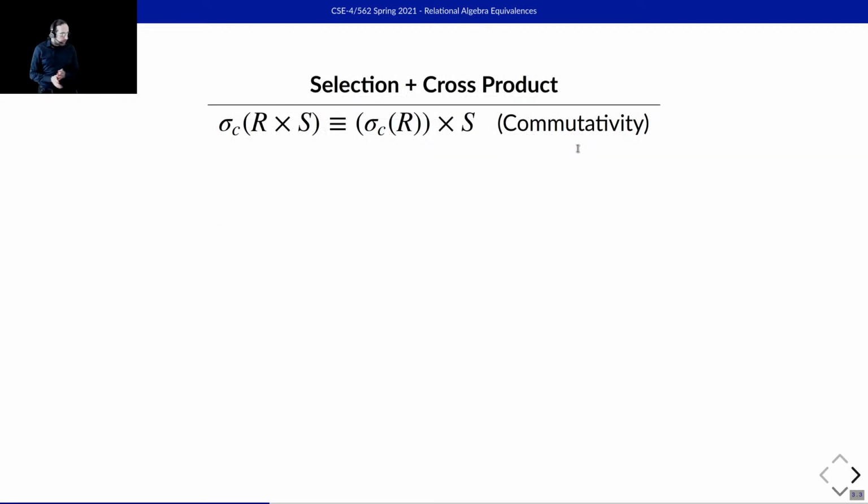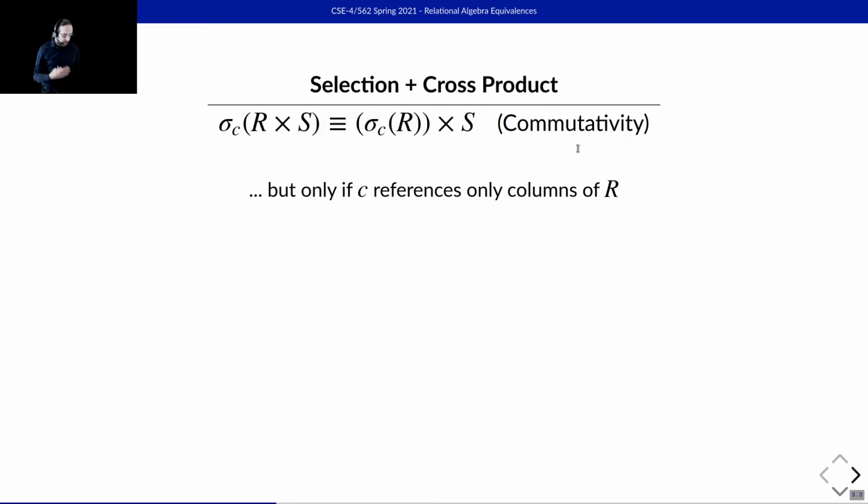Great, so let's keep going. Selection. We can take a selection and a cross product, and we can always push the selection down into the cross product, again assuming that the attributes work out.